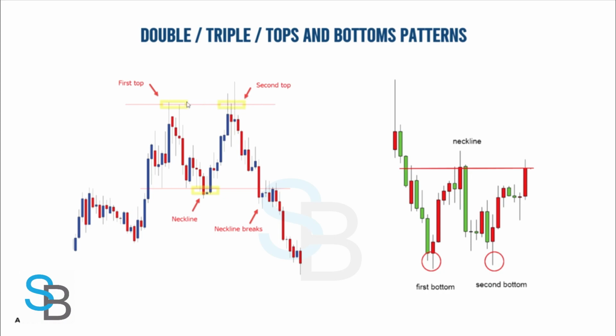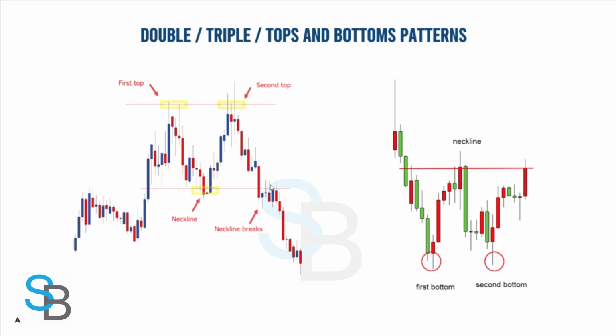Now this qualifies it as a double top, and then the market breaks down. As you can see, the market has broken the neckline or the neck region at this point, then went back up to retest it. Now this is where we would love to enter a sell trade.